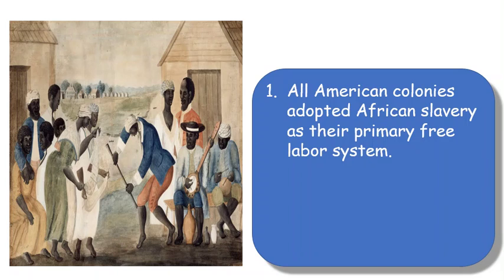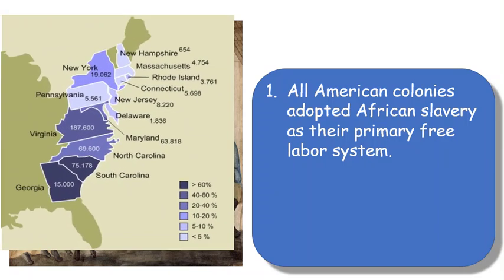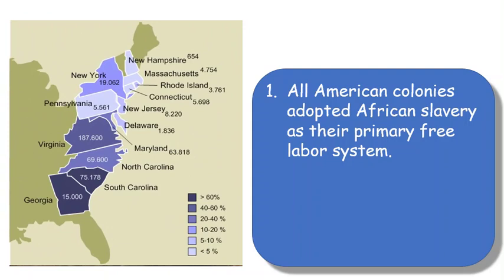People are aware, especially in the southern colonies, but the idea that all the colonies had slavery is clear on the map here. Next to the name of each colony is the number of slaves. I forget which year we're looking at here, but at this given point in time, the color indicates the percentage of the population that was made up of people who were slaves.